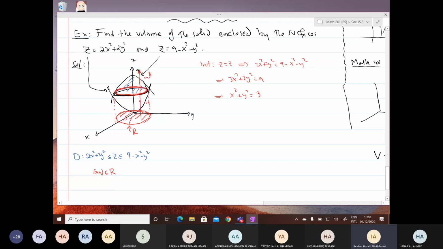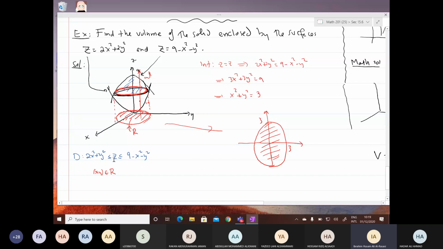The projection will be inside this circle. So this is R. It is a circle of radius 3. This is 3, and this is 3, and this is the region R.